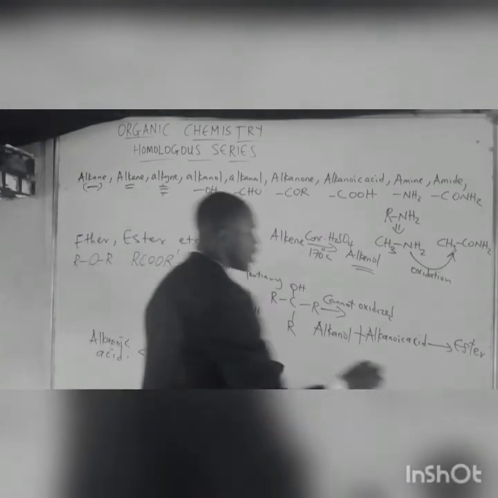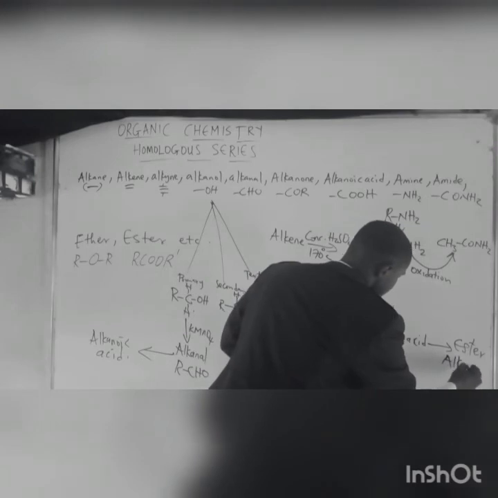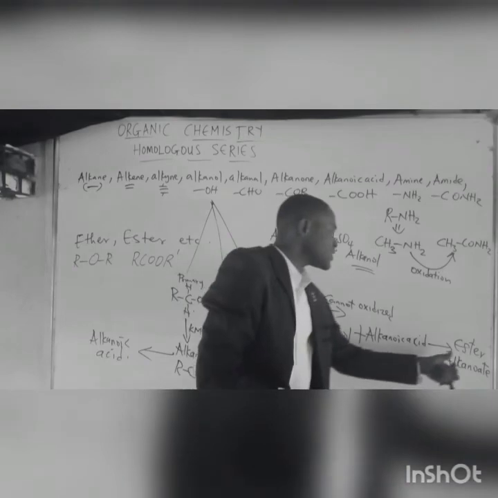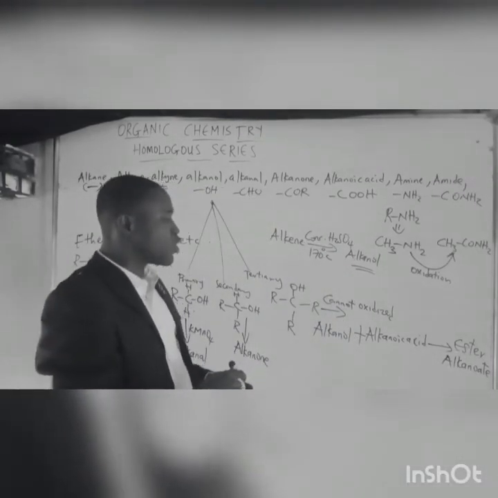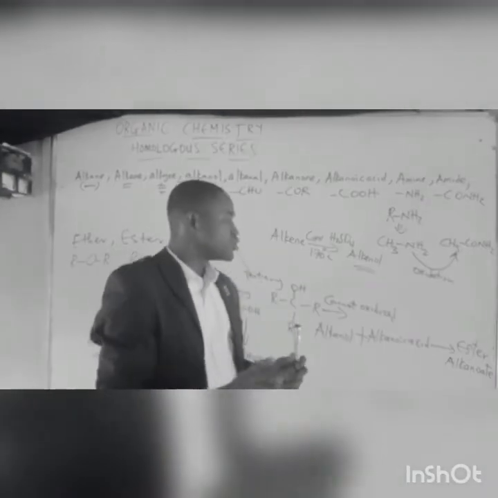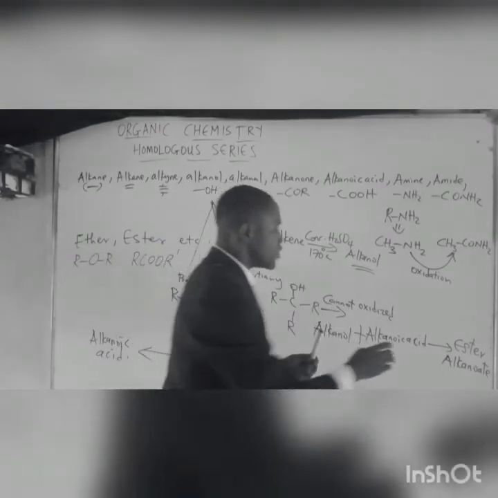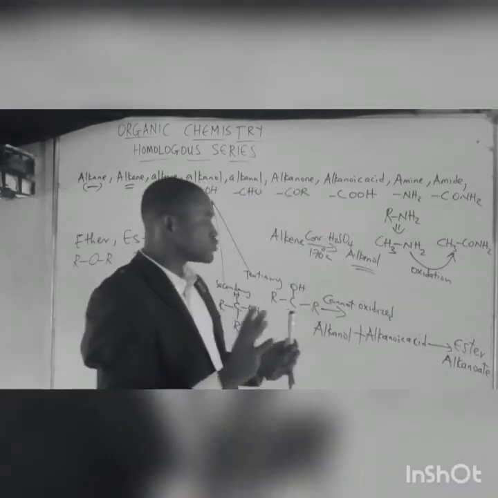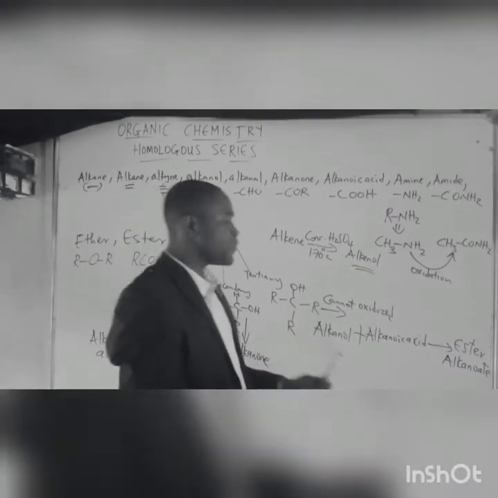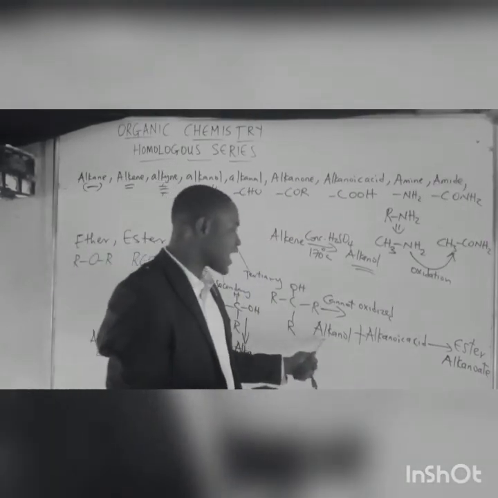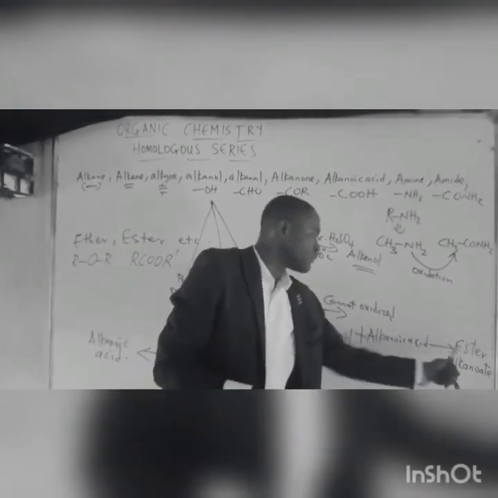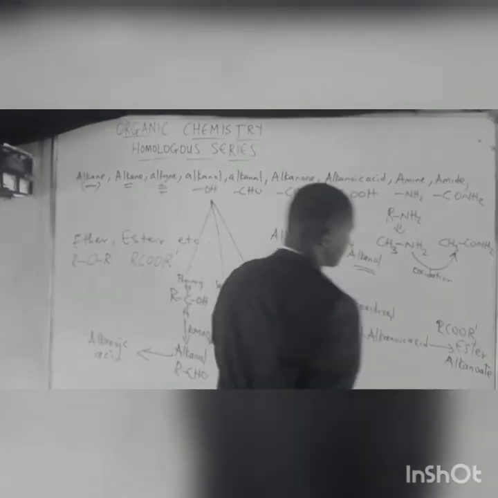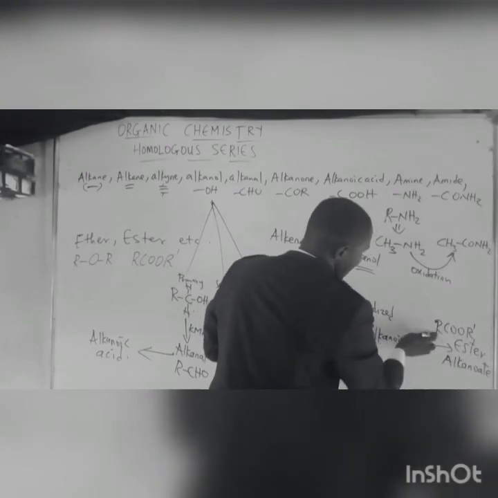So, the confirmatory test for ester is that once it's produced, it has a fruity smell. So when you have a compound already produced and it has a fruity smell, you can suspect ester. Then check whether it's alkanol and alkanoic acid that reacted. It will give us this, that is RCOOR prime.